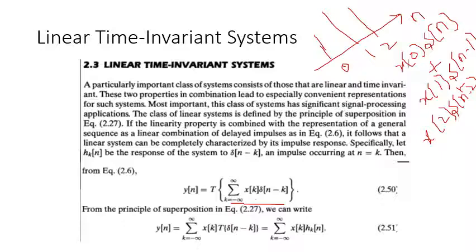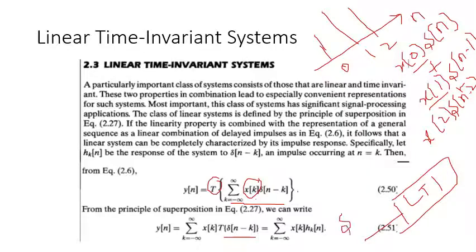Now we are transforming, which means we are passing this through a system. This part is just the scaling, so the transformation will be applied on the impulse.